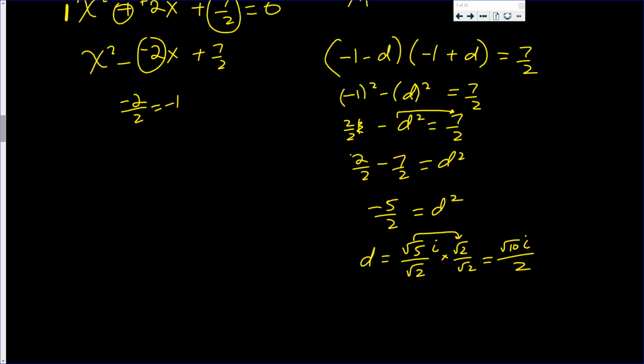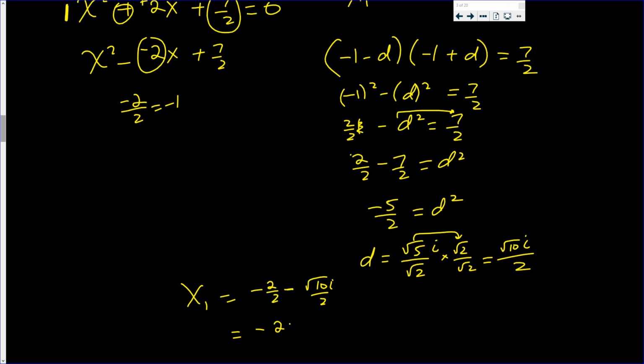So that's d, over 2. So x1 is the midpoint minus d, and in anticipating this, we can say 2 over 2 for negative 1, or negative 2 over 2. I need to change something. x1 should be the center minus d.